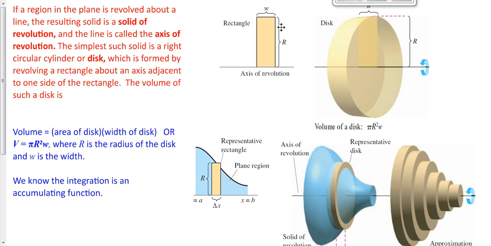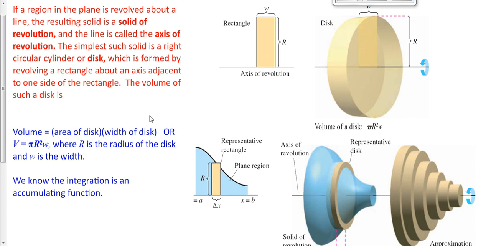Well, if we take our rectangle that we know how to find the area of underneath the curve and just revolve that around your axes, we end up with a disk like this. Well, the volume of a disk is really just the area of your circle, which is pi r squared, times the width, how wide or thick your disk is.